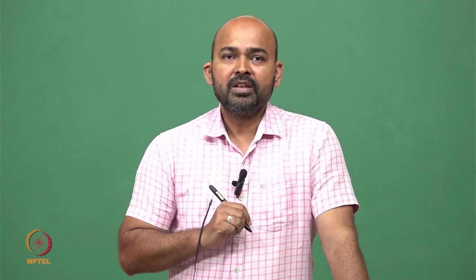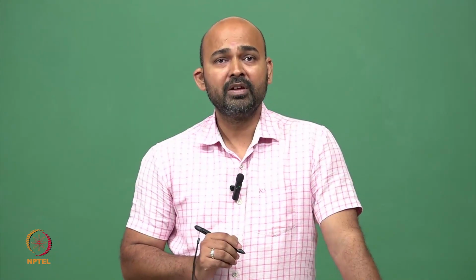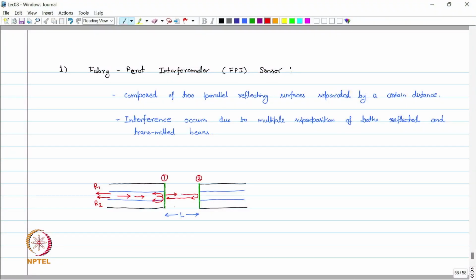Now this phase difference depends upon how much time the optical wave takes within this cavity, which is of length L. This cavity may be filled by air or it may be filled by some other liquid.